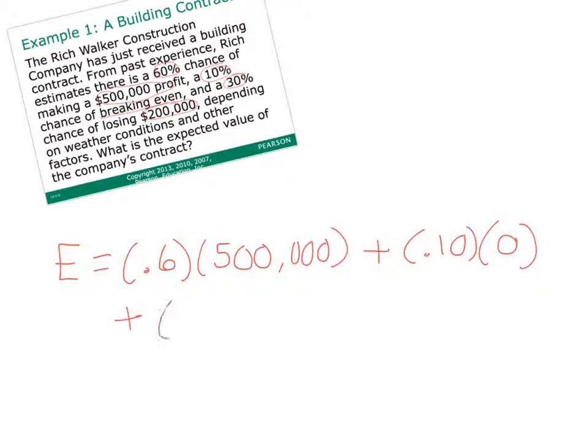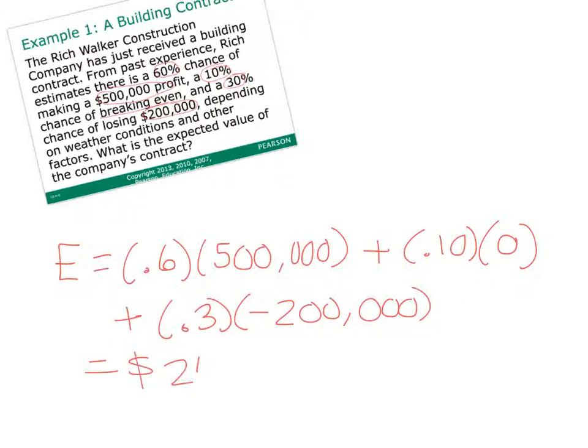Plus, you have a 30% chance of losing $200,000. Losing would be a negative value, so you need to include that negative in your calculation. You can insert this right into your calculator and you will get a positive $240,000. So with all of the weather conditions and other factors that you can expect, Rich has an expectation of an average gain of $240,000 for this contract.